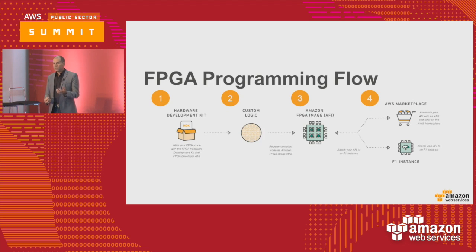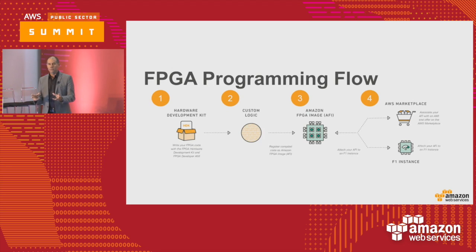For that, you use FPGA programming tools supplied by the FPGA vendor, Xilinx, that are provided on AWS, really free in terms of software licensing. You run those on a standard EC2 instance, and you have many choices, M4, for example, C4, R4, depending on the amount of memory and compute you need for your particular problem.